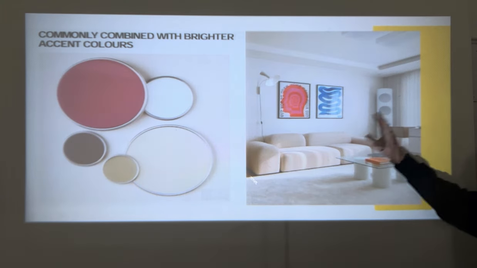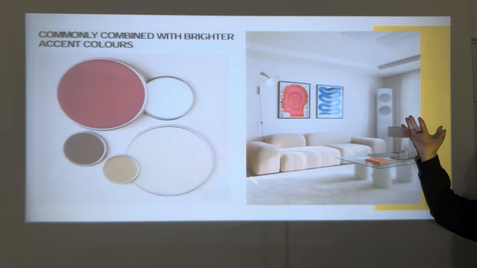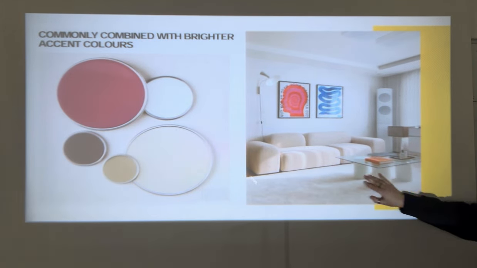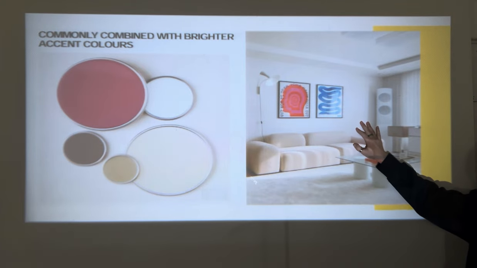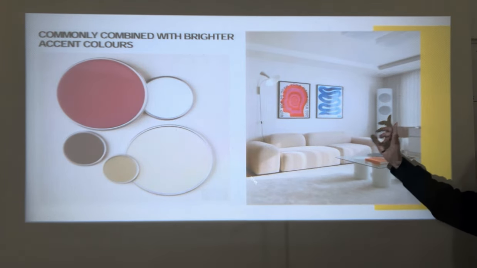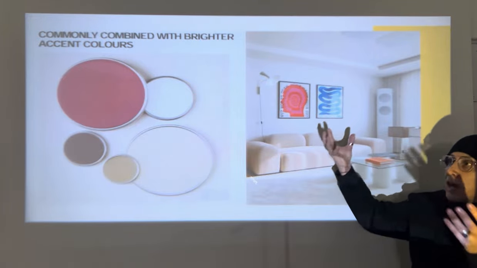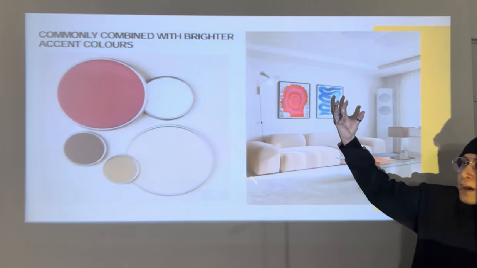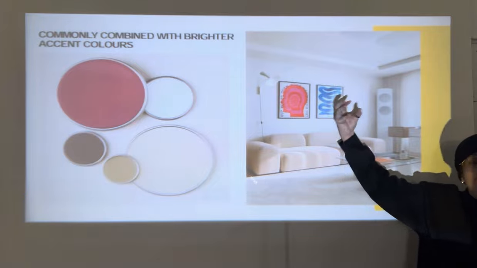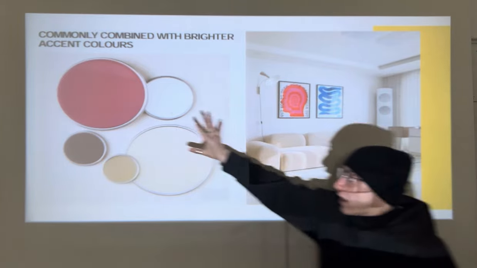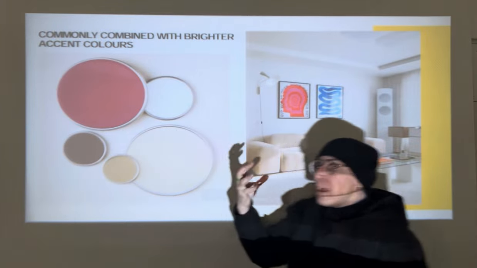Now here, examples in interiors. As you can see, what are these colors here? Neutrals, as you can tell. Then they can be combined, as we said, with certain aspects of the design that have brighter colors. But in this case, these brighter items will stand out.